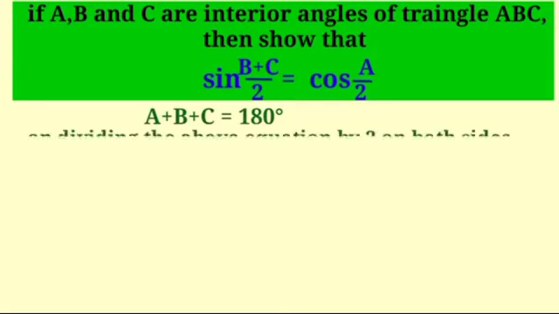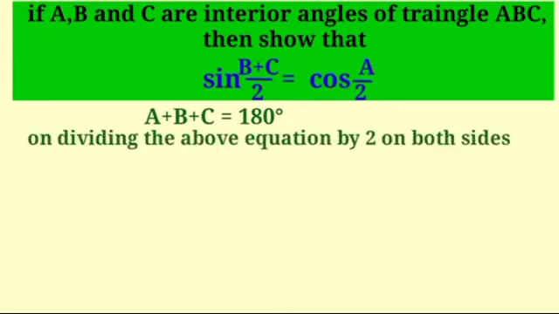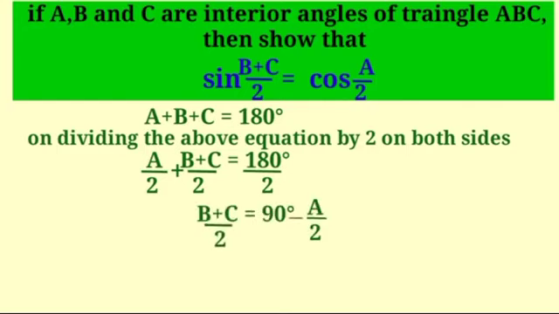On dividing the above equation by 2 on both sides, then we get A by 2 plus (B plus C) by 2 equal to 180 by 2. Now transpose A by 2. Then we get (B plus C) by 2 equal to 90 minus A by 2.